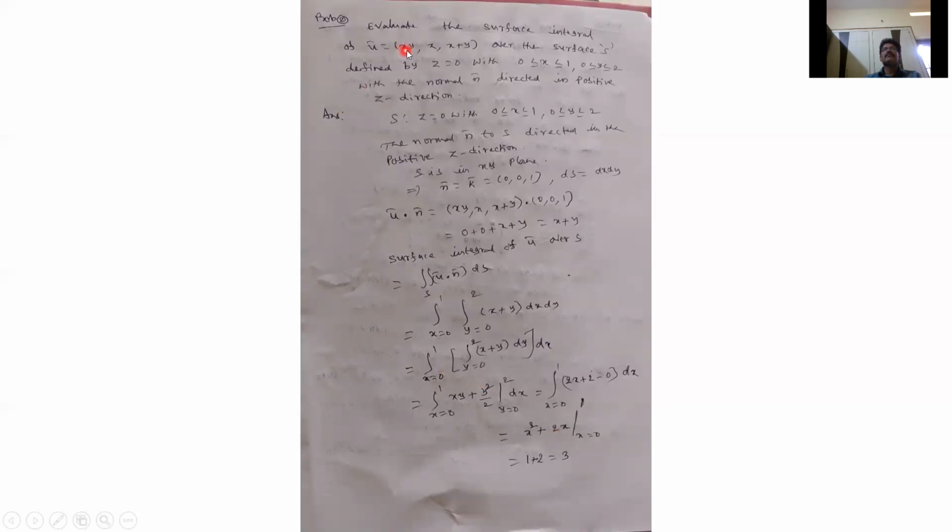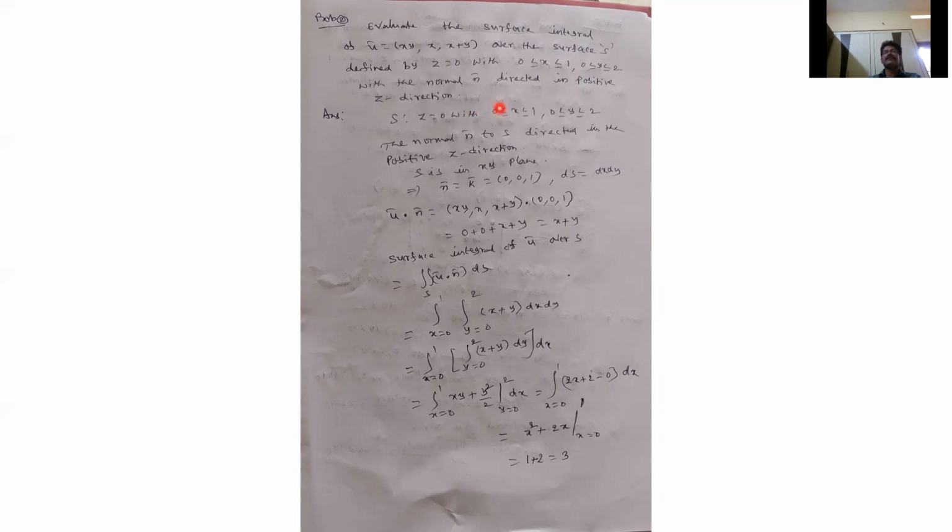So another problem. Evaluate the surface integral of u bar, which is xy, x, x plus y, over the surface defined by z equal 0 with 0 less than or equal to x less than or equal to 1, 0 less than or equal to y less than or equal to 2, and with a normal n bar directed in the positive z direction.